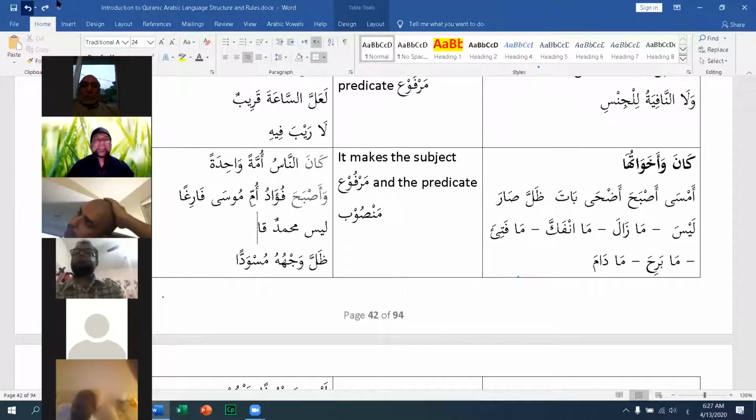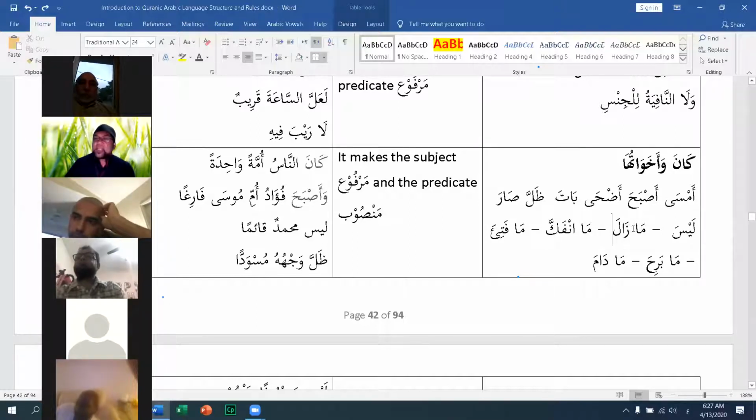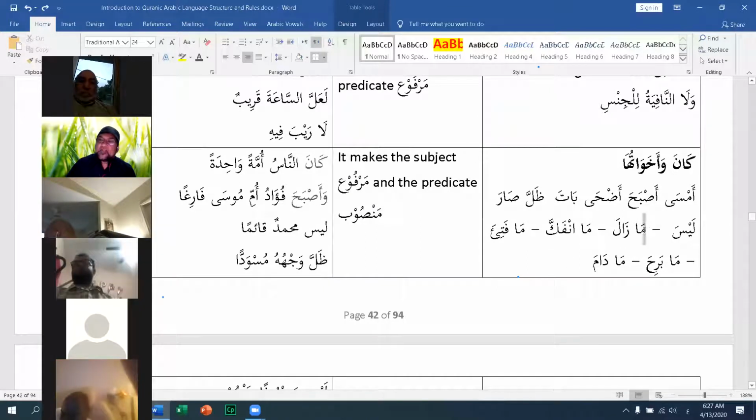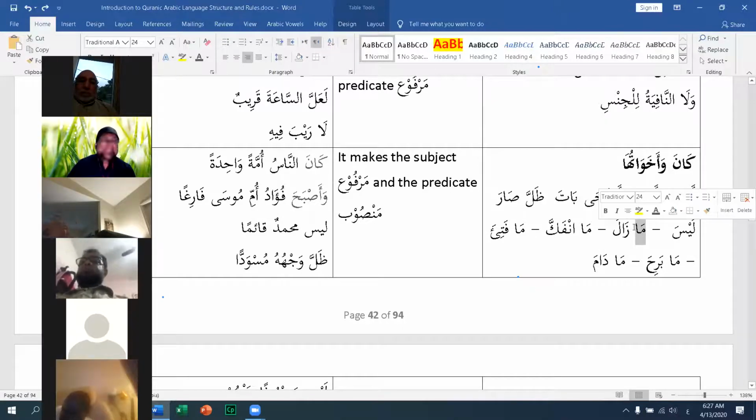ما زال. Let me explain ما زال, ما انفك, ما فتئ, ما برح, ما دام. These words all have ma in front of them. Ma means like la.